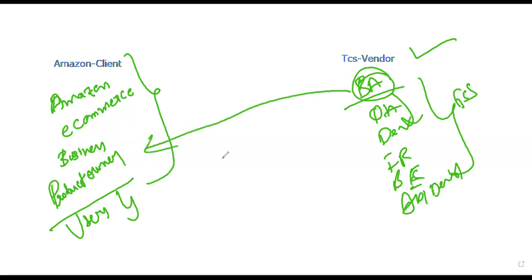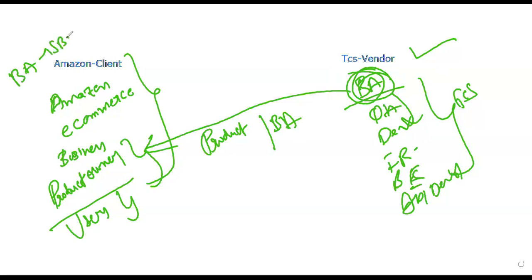Working with the product owner, understanding the requirements from the product owner or the users, then grooming the team, writing the user stories and helping the team understand them. So product owner and BA roles and responsibilities are almost similar. The hierarchy works like this: first BA, then senior BA, then product owner or product manager.